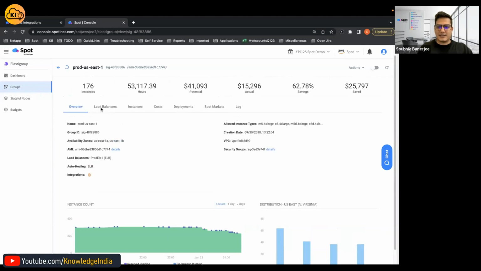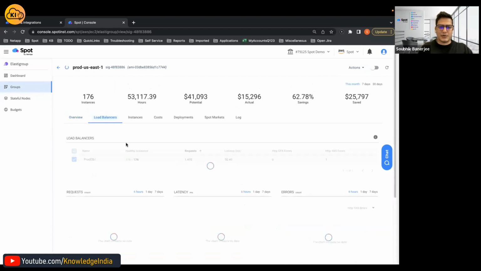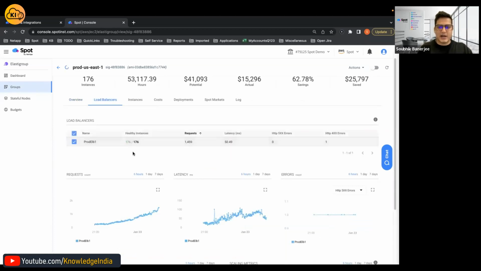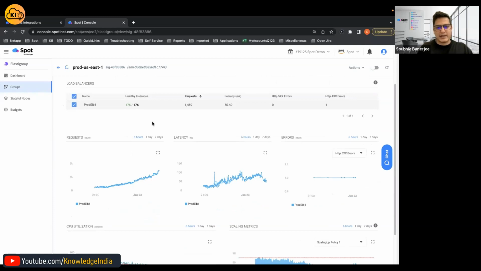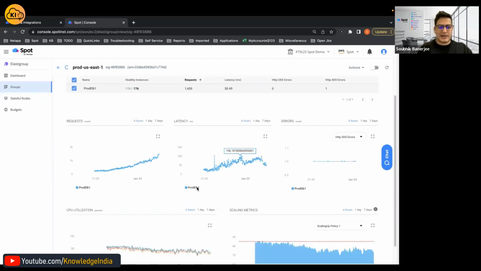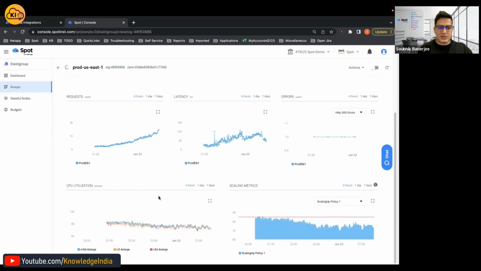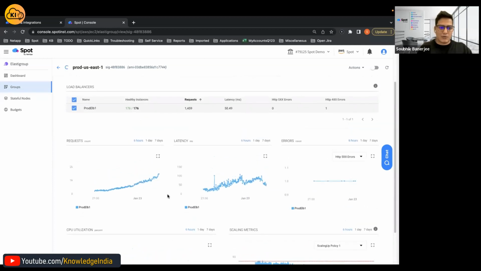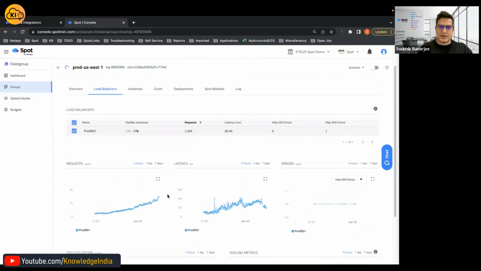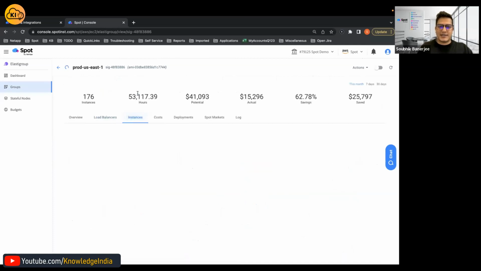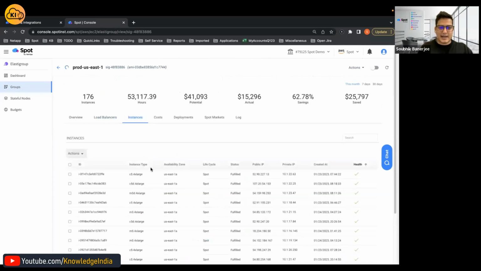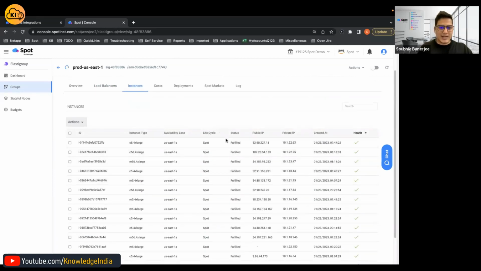And you can see various tabs here, which I'll take you through. You can see the load balancers that are running, what type of requests you have been getting, if there have been any errors, the latency, the CPU utilization; all this information is available here. You can see the instances that have been running, with the life cycle.